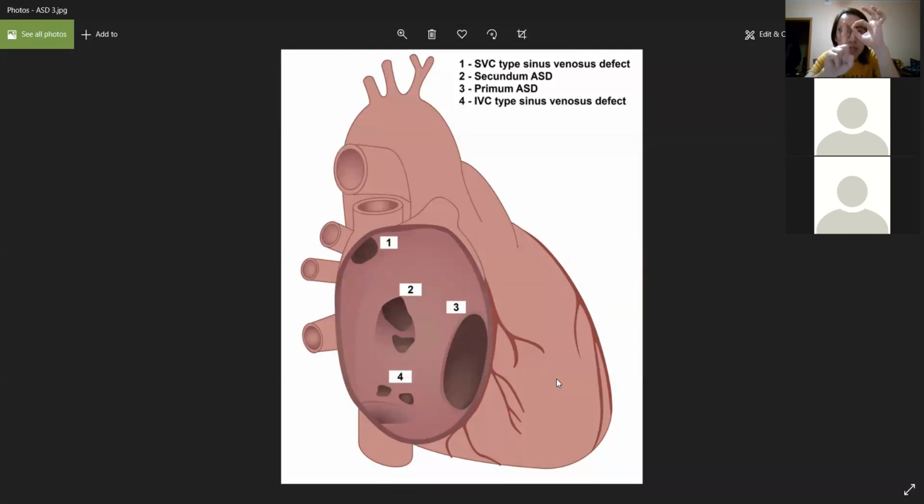But in VSD of the inlet type, it is also called partial AVSD, but it's AVSD with communication on ventricular side. It means that the bigger portion of the defect is on the ventricular side and not on the atrial side. Okay, clear?